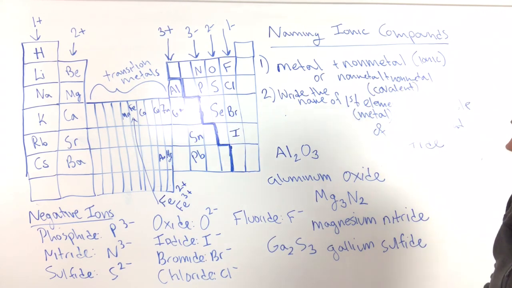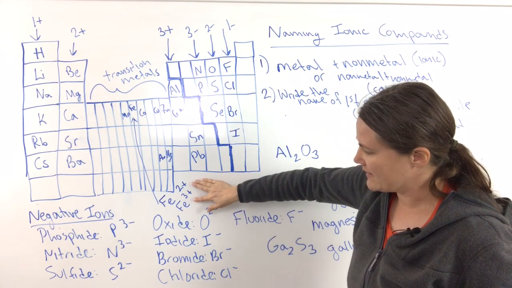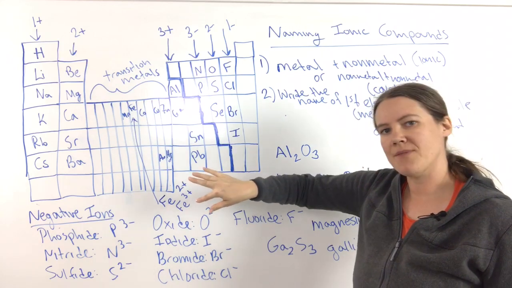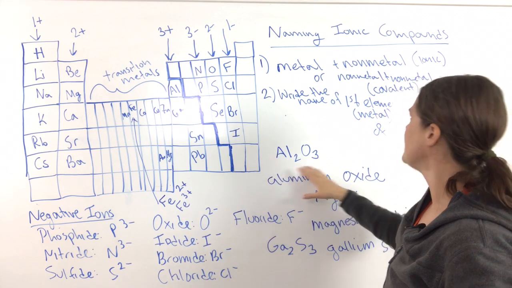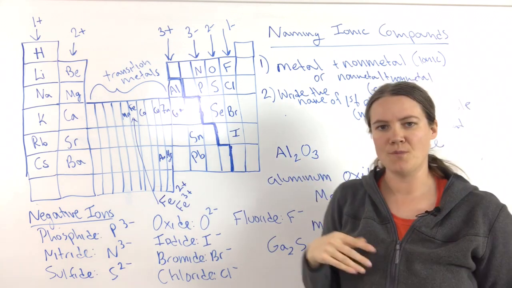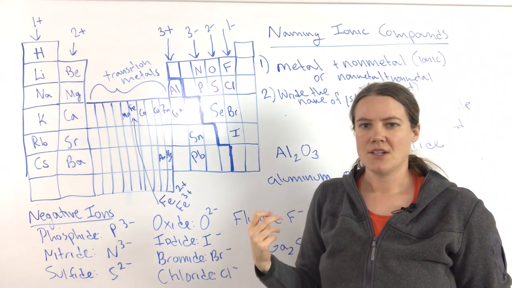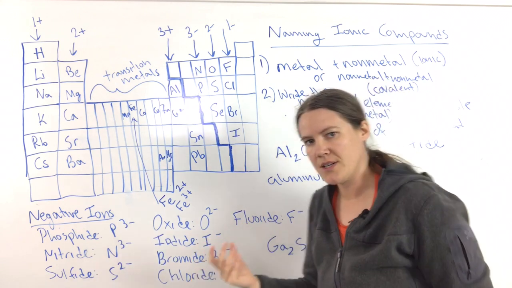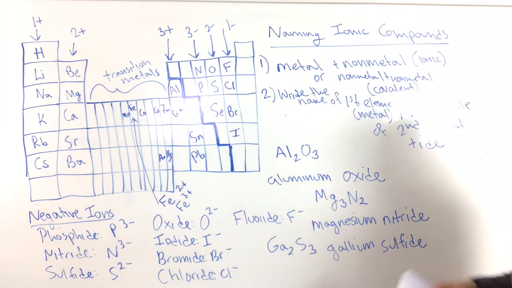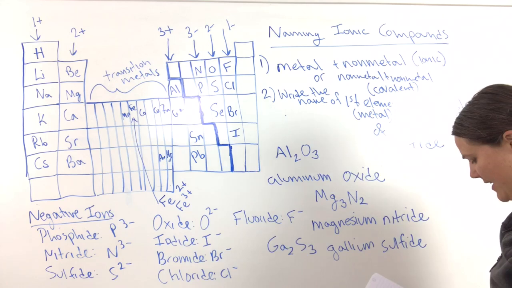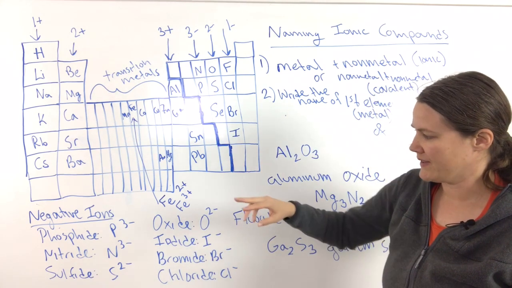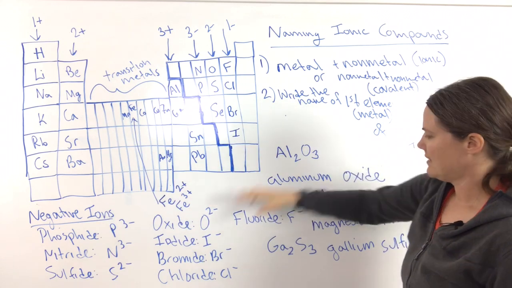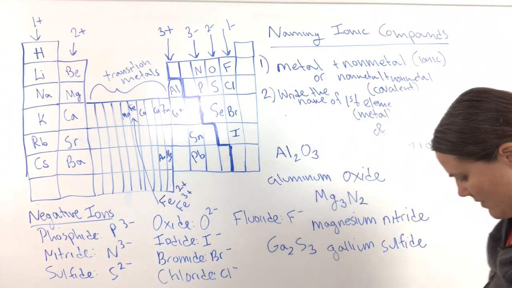So it turns out that if we have an ion or an element in our compound that can form more than one charge, we have one more rule for naming our compound, and that is that we put a Roman numeral in indicating what the charge is on the metal.